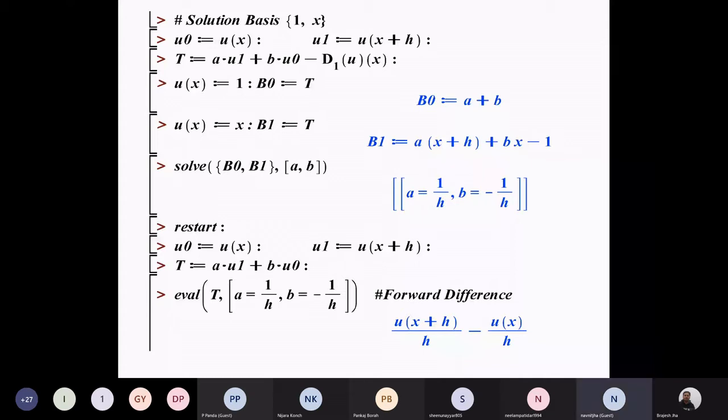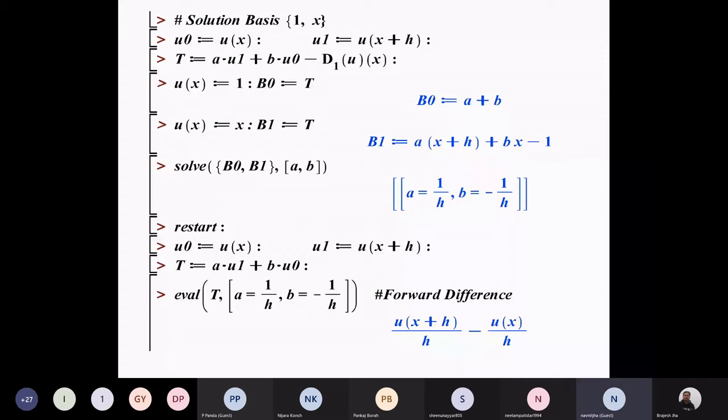The question is, the basis I have considered, 1 comma x, is a polynomial basis. Why have I considered the basis 1 comma x? Can I consider some other basis instead of 1 comma x? Instead of the polynomial basis 1 comma x, can I consider another basis function? Because the space generated by 1 comma x can be the same as the space generated by some other two functions.